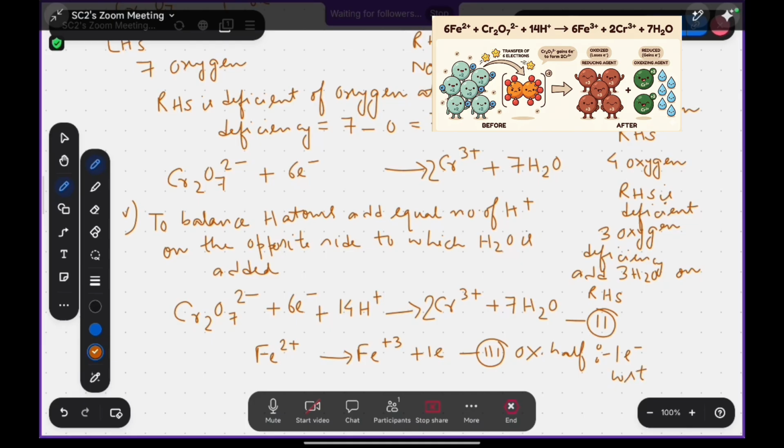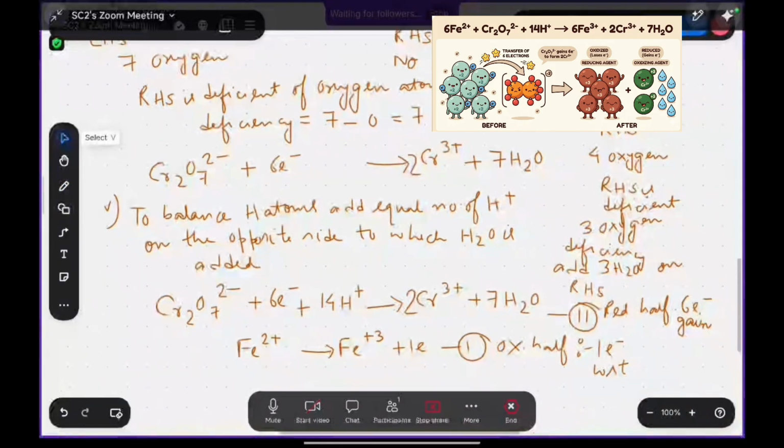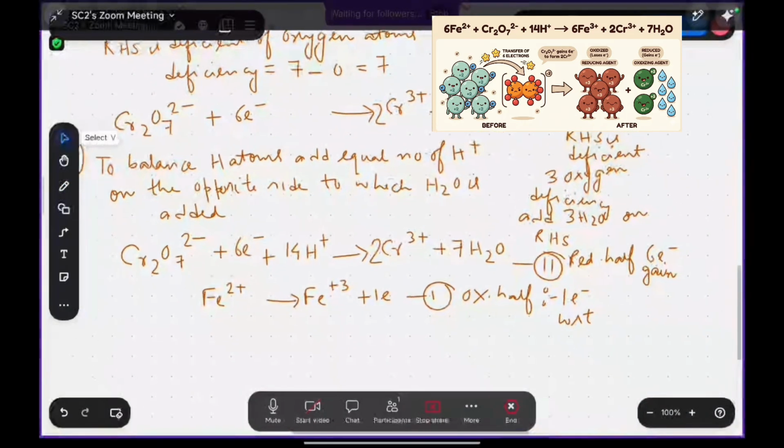Whereas in the reduction half reaction, how many electrons are gained? 6 electrons are gained. That means definitely the number of electrons are not the same.